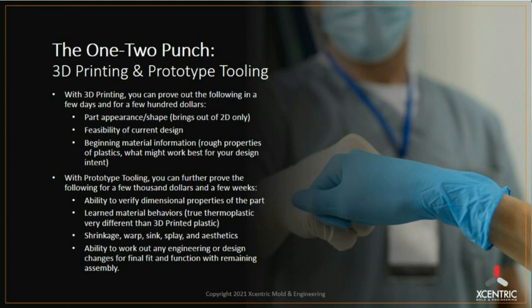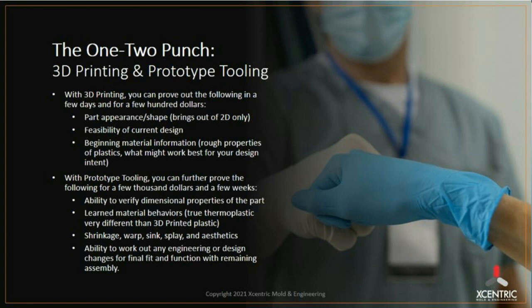So with 3D printing, you're going to be able to prove out a couple of things within a few days and a couple $100, right? The first is going to be the part appearance and shape. Like we talked about earlier, you've had a CAD model that lives in a 2D space up until that point. So you do finally get a look at the part appearance and shape, which is really, really good. The second thing you're going to get is the feasibility of your current design, right?